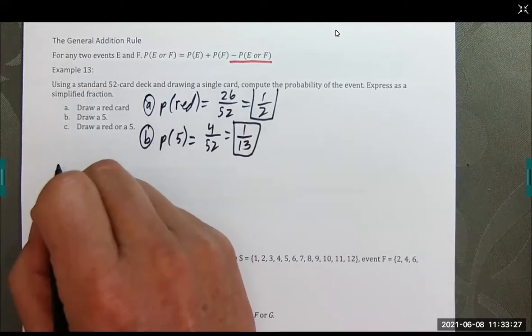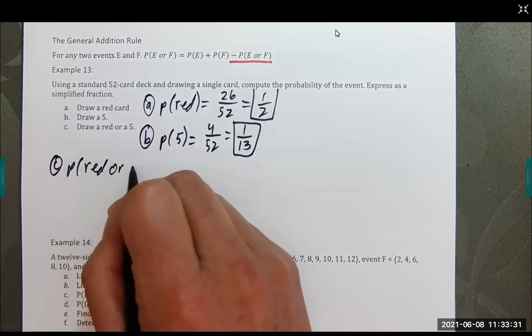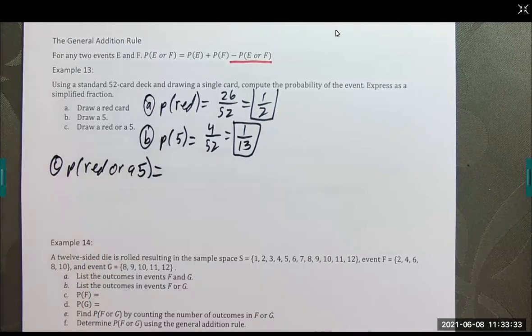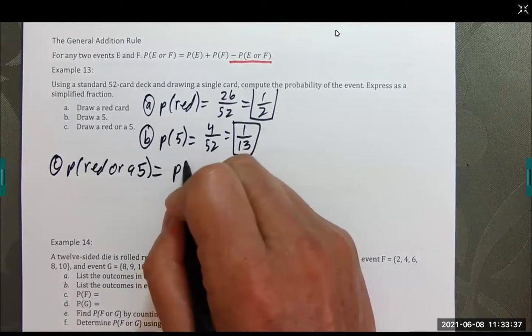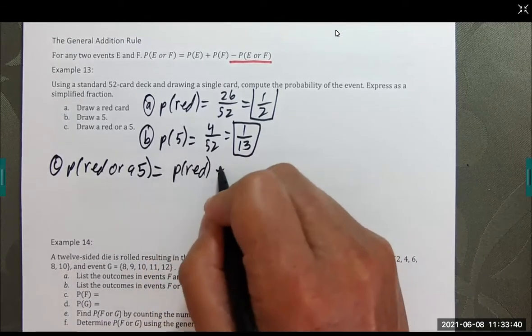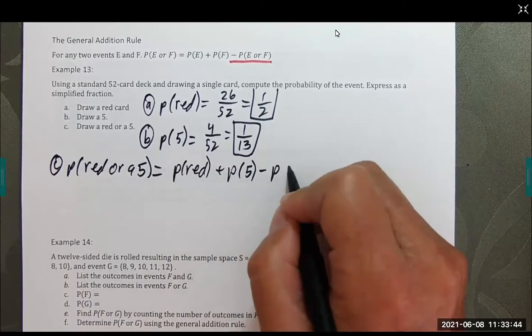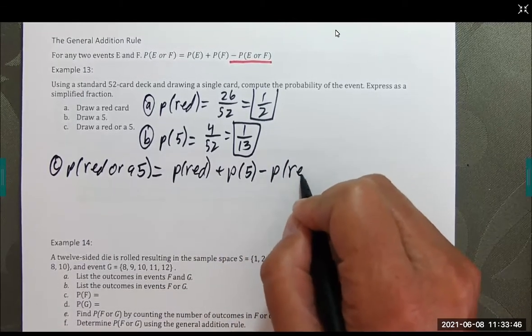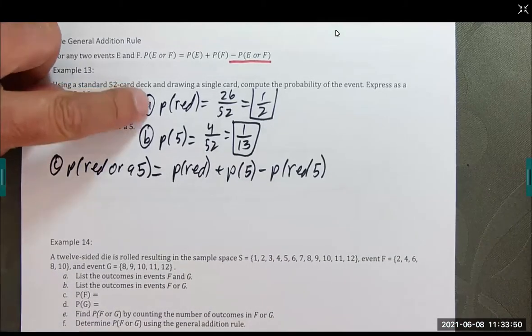And part C says, what's the probability of red or a 5? Well, now we do have overlap because there are red 5s. So this is going to be the probability of getting a red card plus the probability of getting a 5 minus the probability of getting a red 5.